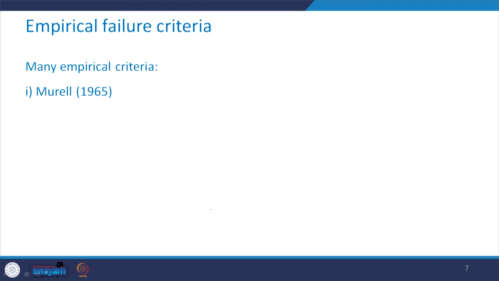Now, there are many empirical criteria which are applicable in case of rocks and rock masses. Once we have learnt the basics of regression analysis, we can go ahead with empirical correlations or empirical failure criteria applicable to rocks and rock masses.